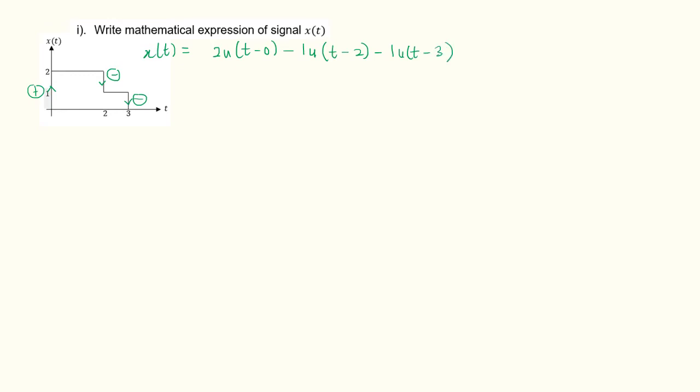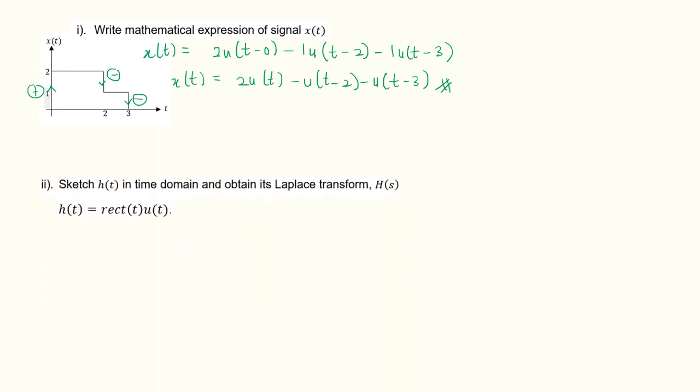So this is your xt. Simplifying the equation, xt equal to 2ut minus ut minus 2 minus ut minus 3.